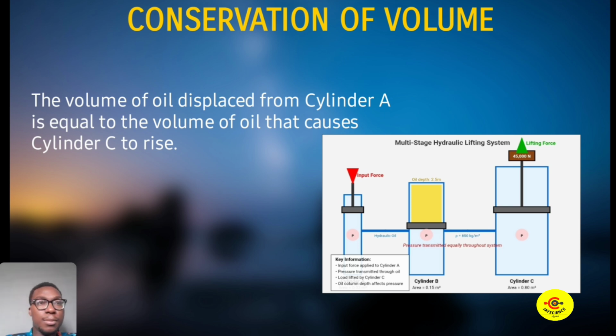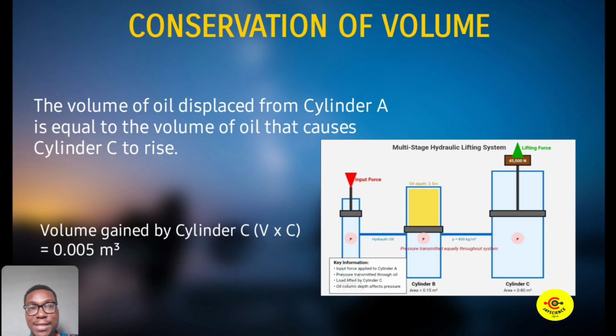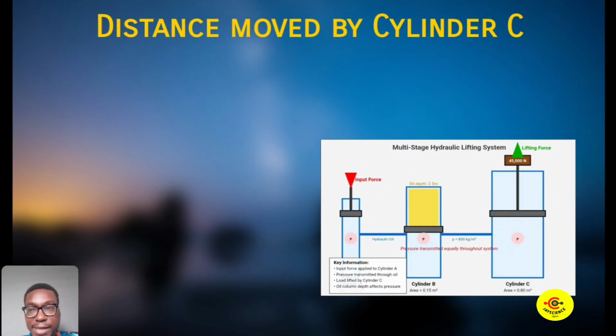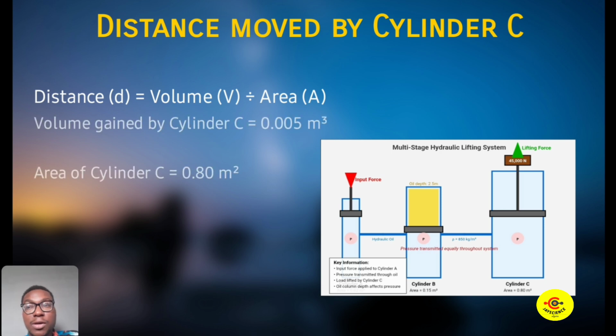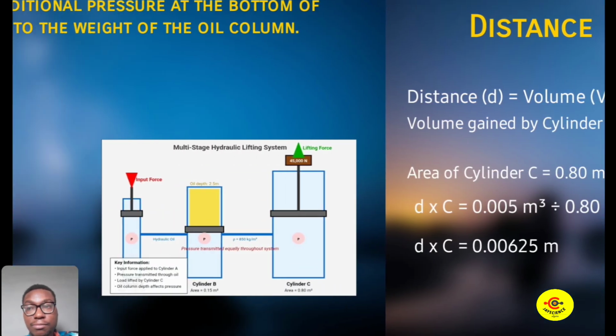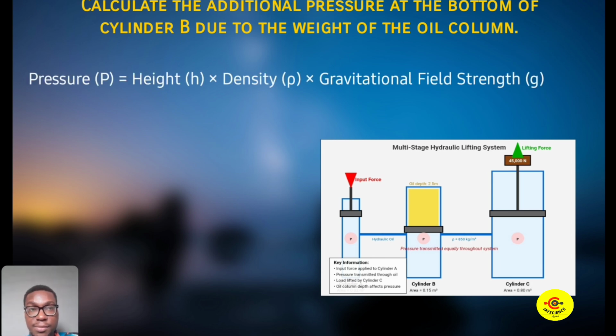Okay. Part C of the question tests your understanding of pressure in liquids. We need the additional pressure from the 2.5 meter column of oil in cylinder B. The formula is P equals height multiplied by rho times g.